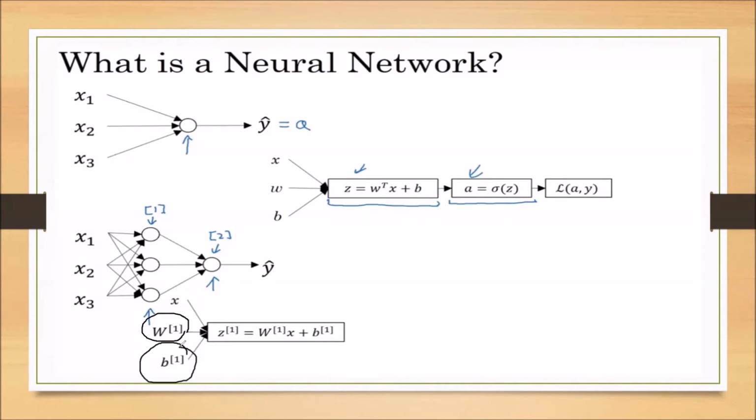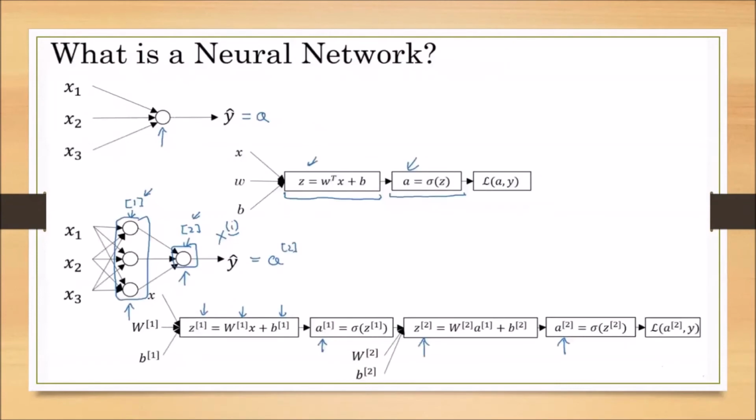Similarly, this B1 is similar to the concept of X0 that we already discussed in machine learning. By using this B, and X1, X2, X3, and W superscript 1, now we can calculate the activation units. That's what we are doing here. Now we have calculated the activation units of the first layer.